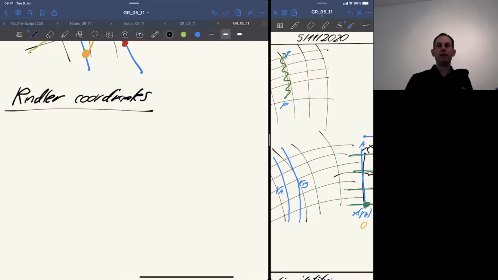So maybe just to give you a hint on how we are going to use that. Why are we interested in accelerated coordinate systems? The simple reason is that if you put up a coordinate system where you sit or stand right now, you would probably end up with a Rindler coordinate system.